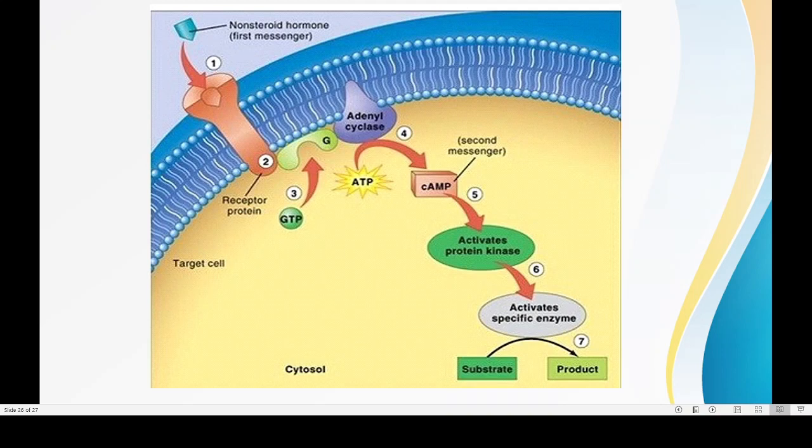When that changes, GTP can bind with the G protein, and as a result it activates another enzyme, adenyl cyclase, and ATP is therefore converted into cyclic AMP. For this conversion adenyl cyclase is needed. So this ATP molecule breaks down into cyclic AMP. When activated, cyclic AMP converts the substrate into the product.